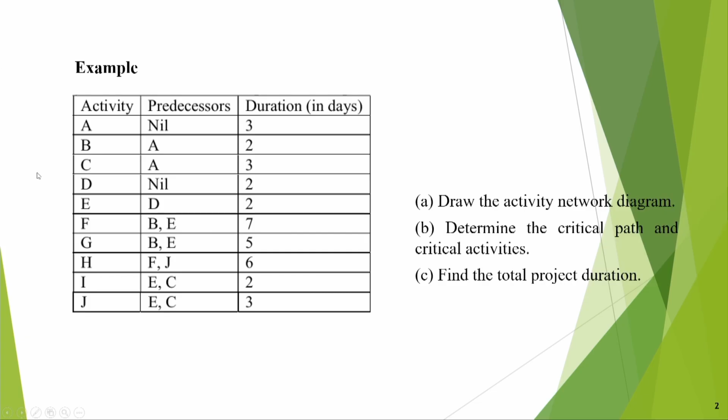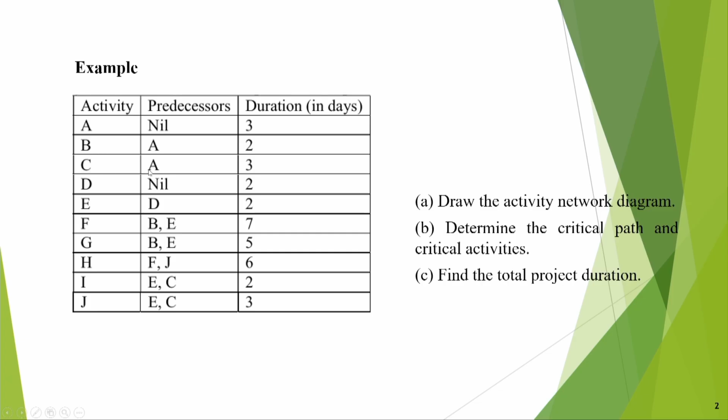Suppose, for example, you have been given various activities A, B, C, D, E, F, G, H, I, J, or 1, 2, 3, 4, 5, 6, 7, 8, 9, 10 activities, and their predecessors have been given. Like activity A does not have any predecessor, but activity B can start only when activity A is done.